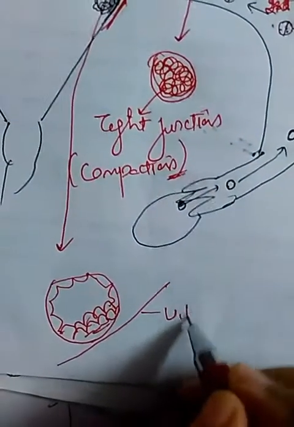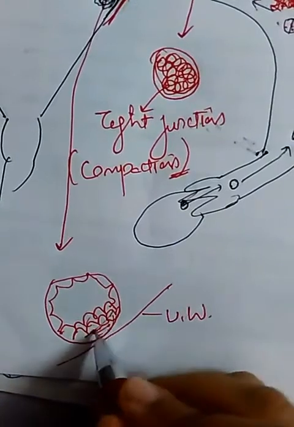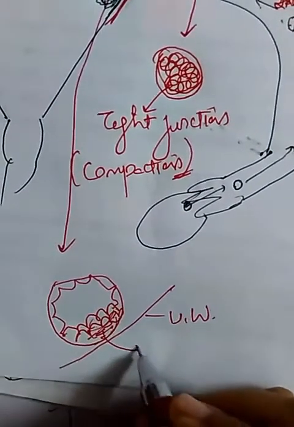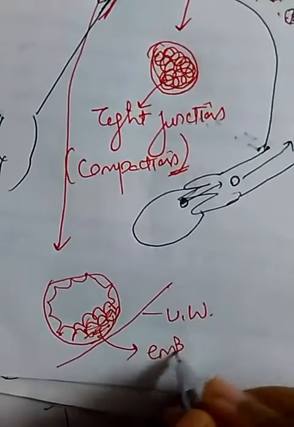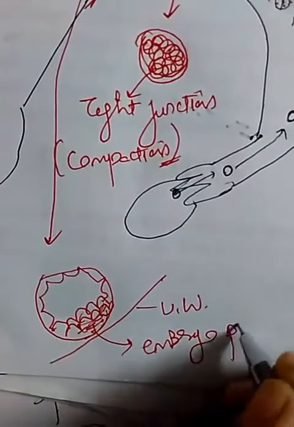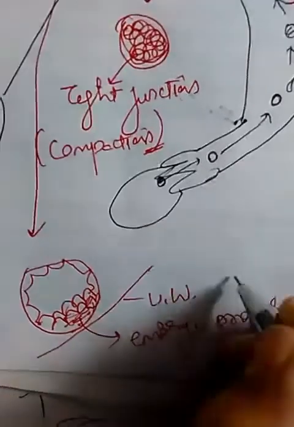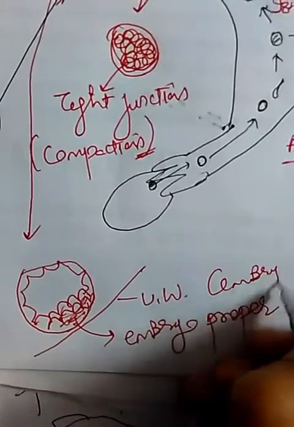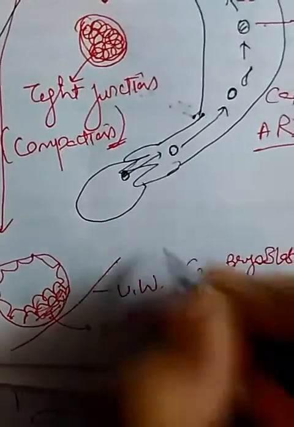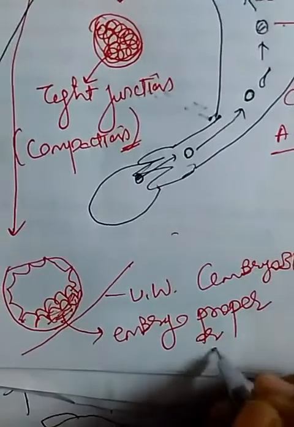This is the uterine wall. These cells get arranged together and are called the embryo proper, or embryoblast, or inner cell mass.